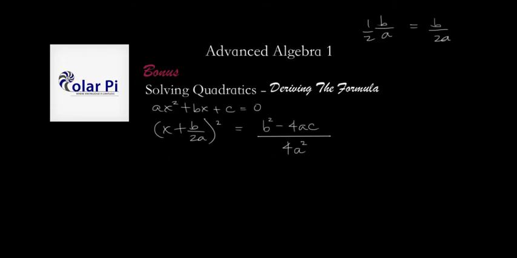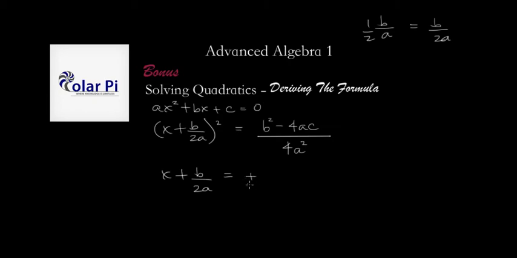And it's pretty obvious what I have to do next. I have to take the square root of both sides of this, right? On the left side, once we take the square root of what we have here, we're just going to get x plus b over 2a. And then on the right side, we're going to get plus or minus the square root of that, right?